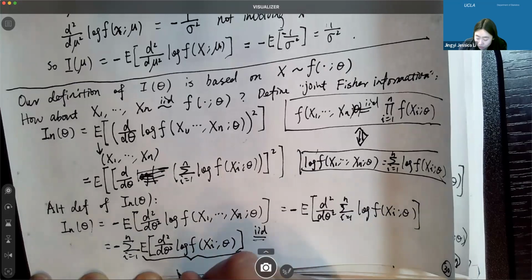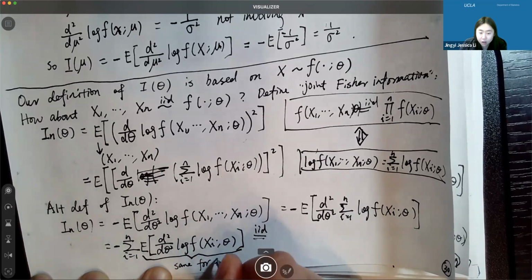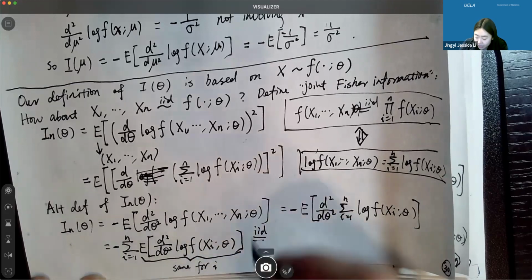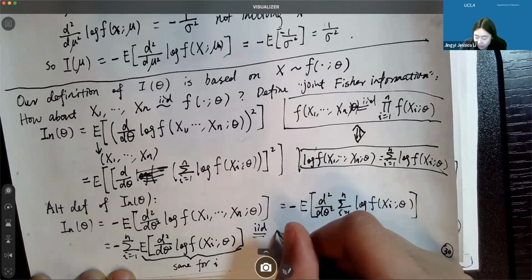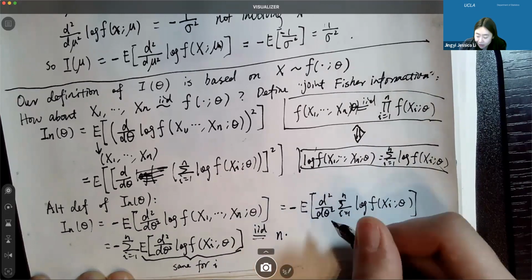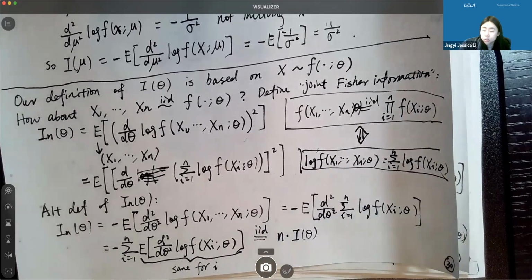This is the same for all the i. So I can say it's just the sum of the same item, n times the same item, and that's our Fisher information. The special thing about Fisher information is that it scales with the number of random variables.